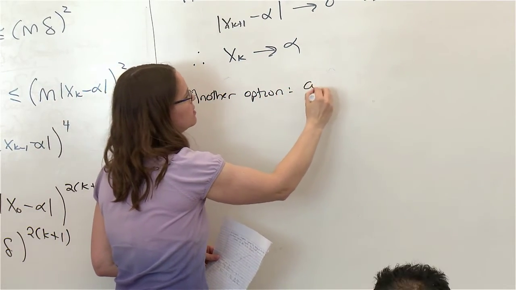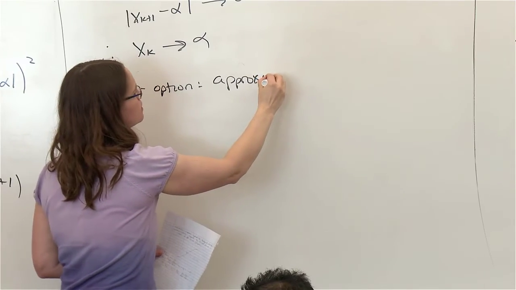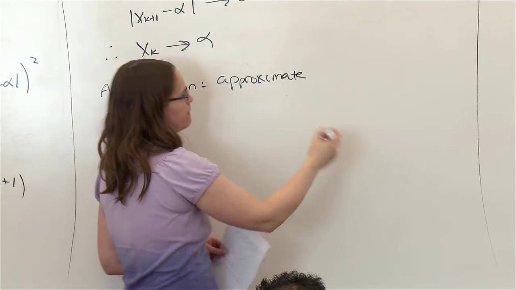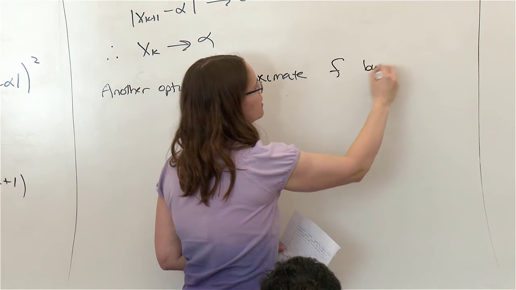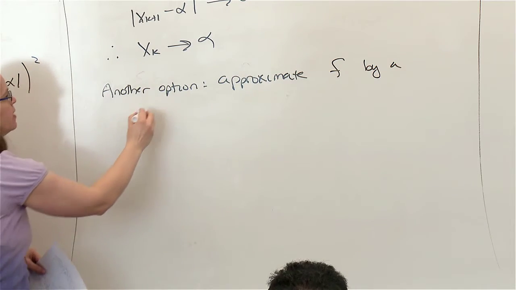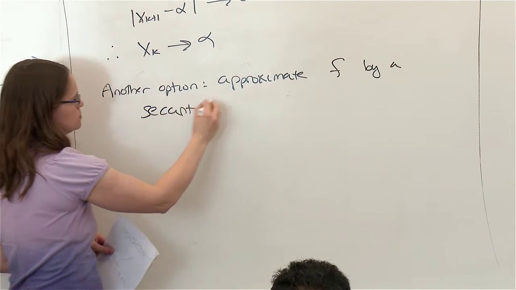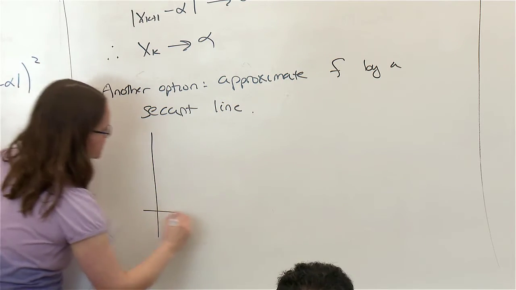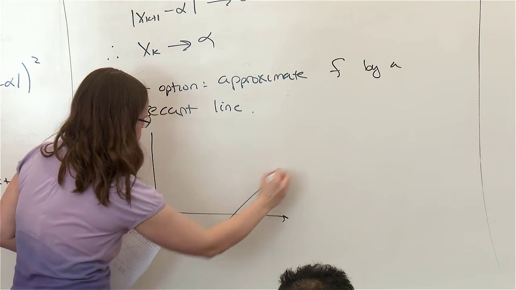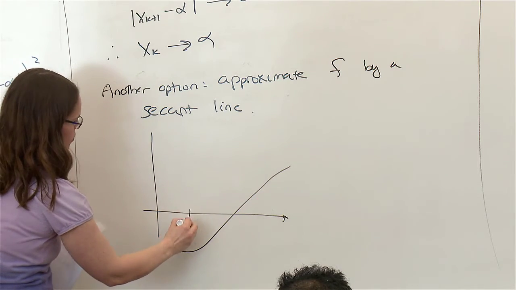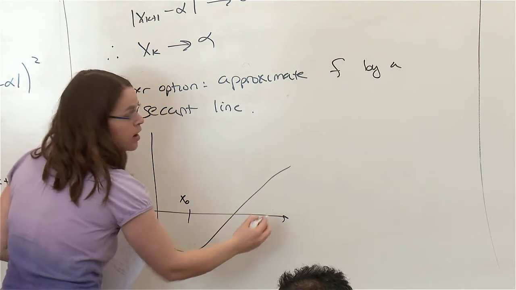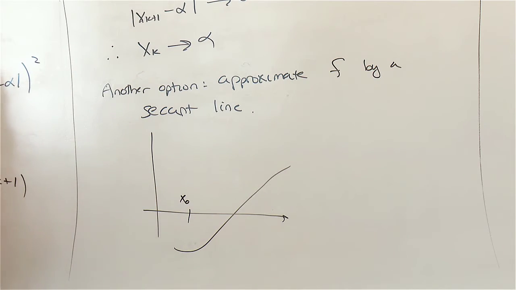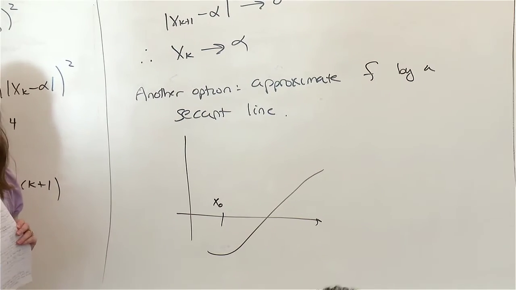Okay, approximate f by not a tangent line, but by a secant line. Right, so we start with my x naught. Now, for a secant line, I need more than one initial guess.